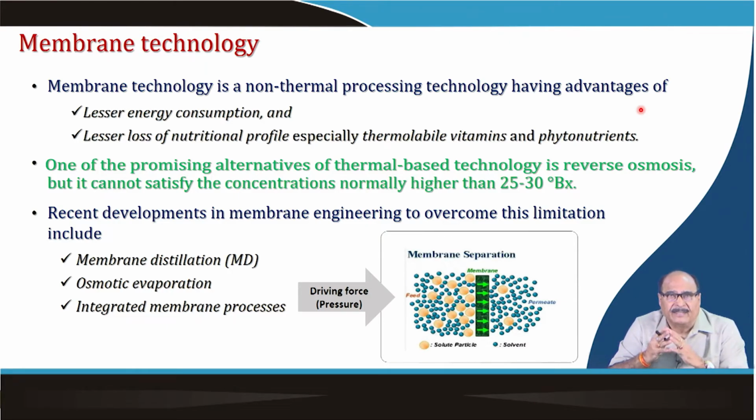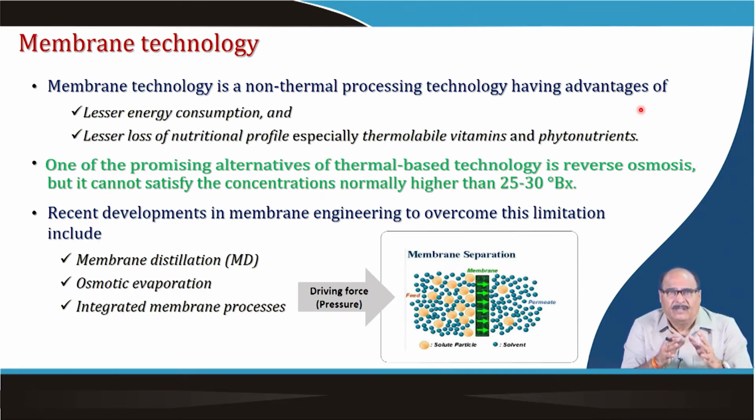It is a non-thermal processing technology having the advantage of lesser energy consumption and lesser losses of nutritional profile, especially the thermolabile vitamins and nutrients. So, it is one of the promising alternatives to thermal processing, that is, an alternative to thermal evaporation.